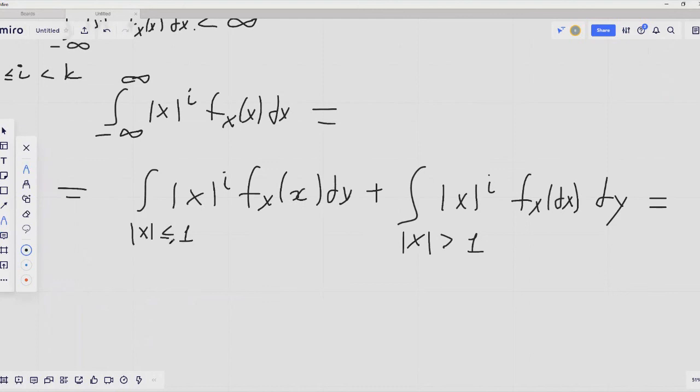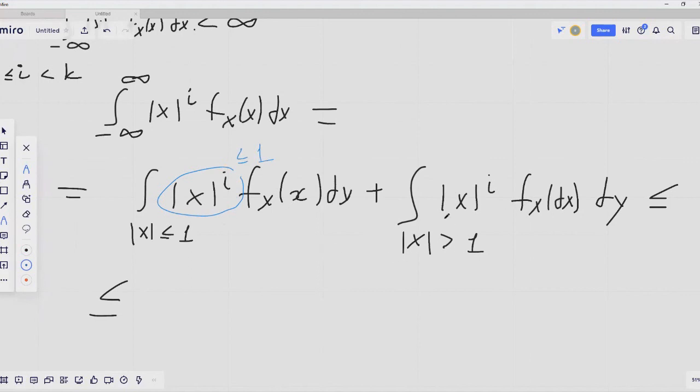Now, since the absolute value of x is less than or equal to 1, this term here is always going to be less than or equal to 1.